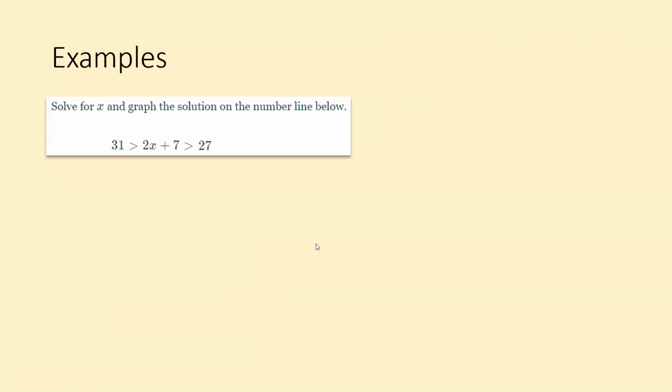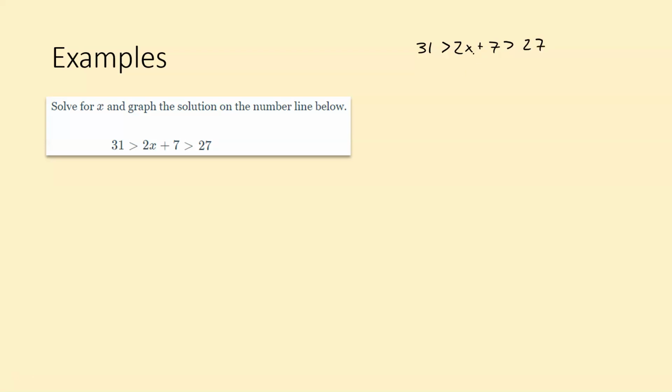Here is another type of compound inequality you have to solve, and this is when our two inequalities are combined like this. In order to solve this, it's the same thing you would do to solve a normal equation or inequality.